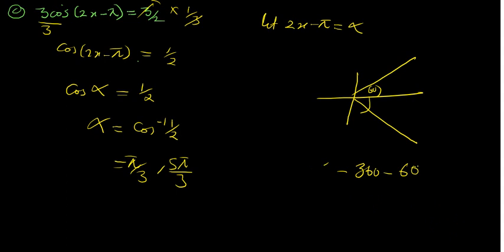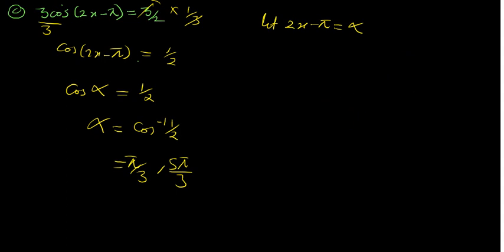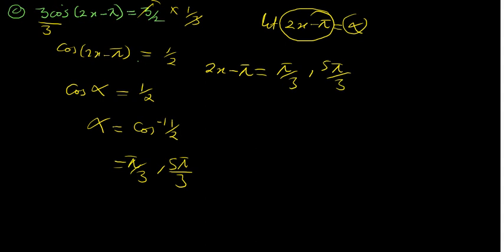Alright, so after doing this, remember we said just let alpha represent this portion. So since alpha is representing that portion, now we take back the 2x minus pi to be equal to first pi over 3, and then the same also is going to be equal to 5 pi over 3.